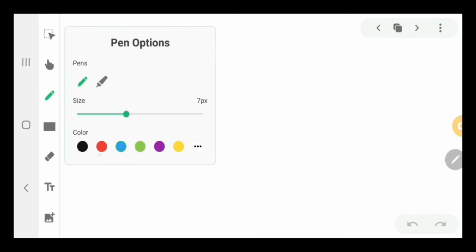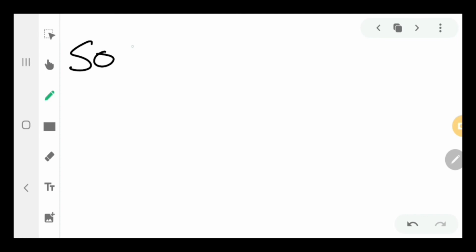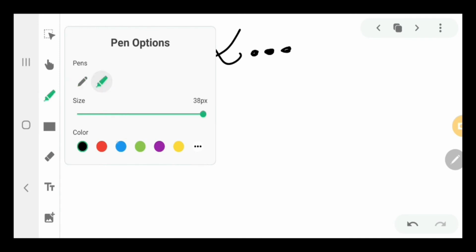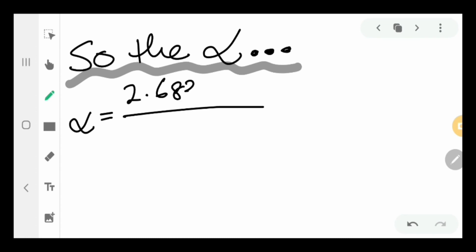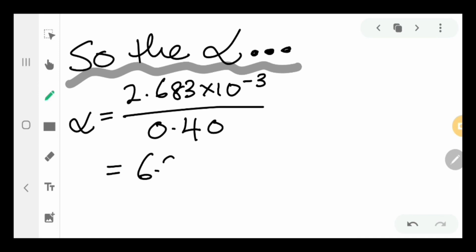So the degree of dissociation is the change just now, 2.683 times 10 to the power of negative 3, over the initial 0.40, then you get 6.7 times 10 to the power of negative 3.